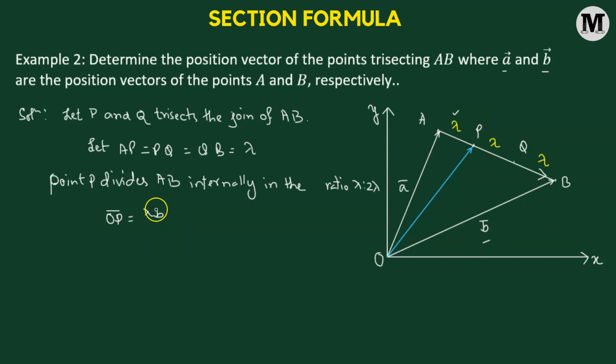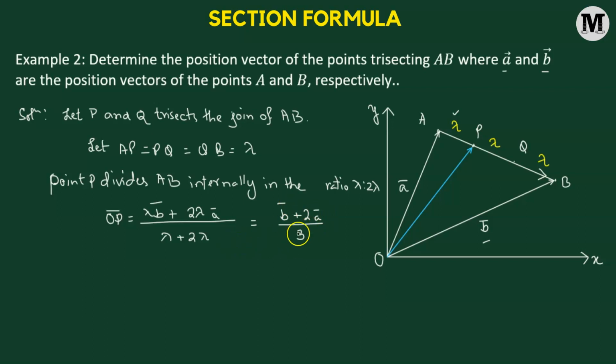We have lambda times B vector added to, now we'll have to take lambda plus lambda, so that's 2 lambda. So that means we are taking PB, which corresponds to 2 lambda, and multiply it with A vector, divided by lambda plus 2 lambda. So here we can factor out lambda from the numerator and the denominator, leaving us with B vector plus 2A vector divided by 3.